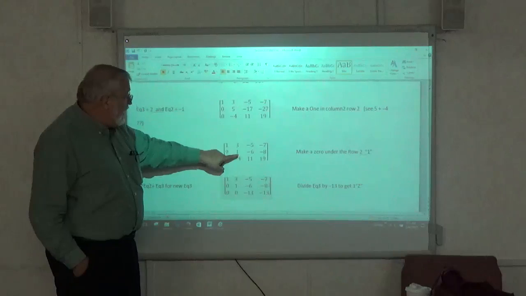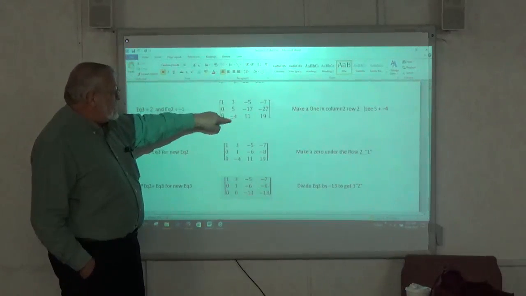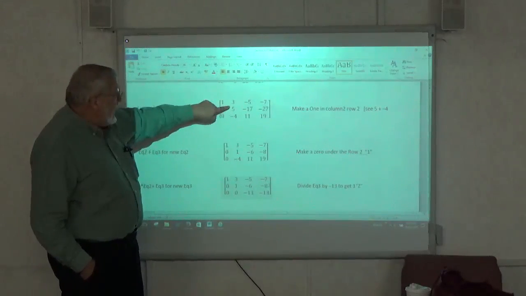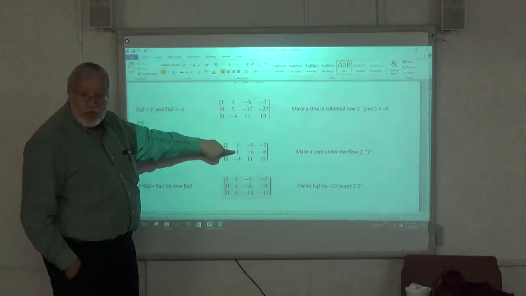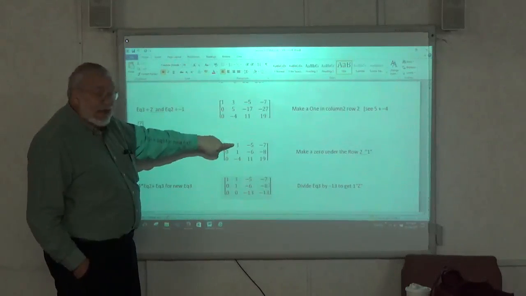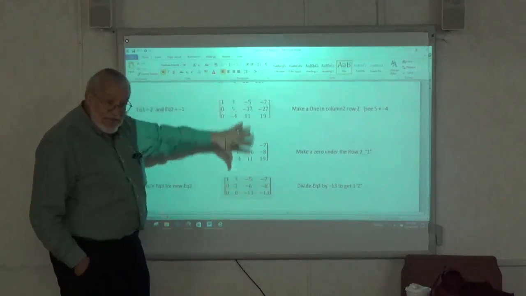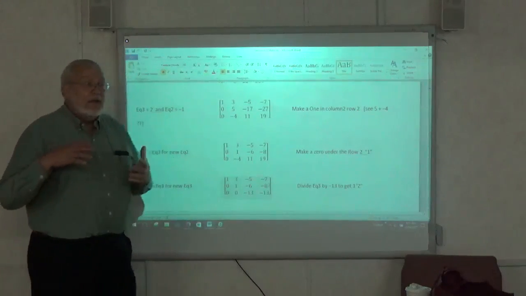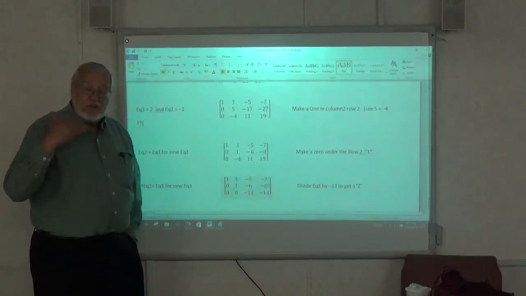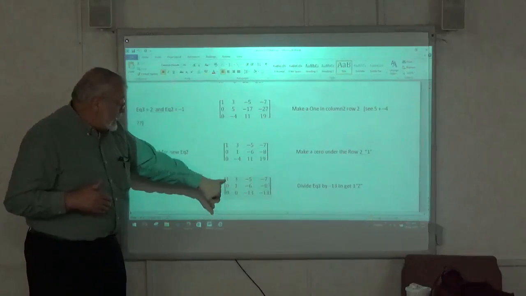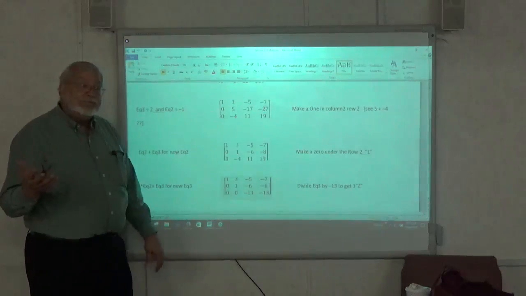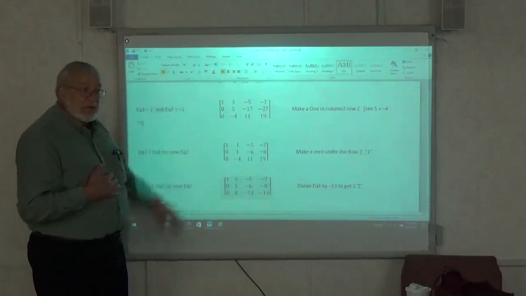So I'll end up combining these two and putting them in the second row because I want the y to equal 1. Now, eventually, I got to get a 0 up there. But that's how you follow the pattern. That's how you create the identity matrix from the matrix that you begin with.